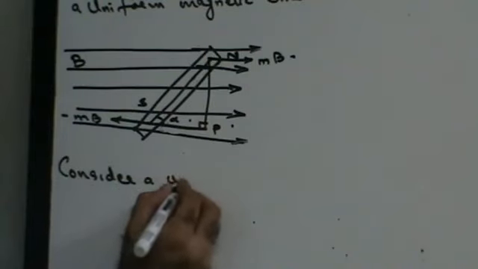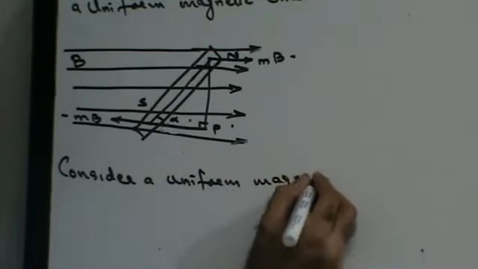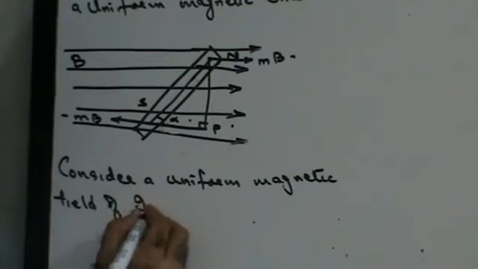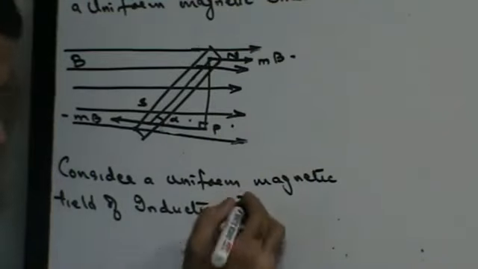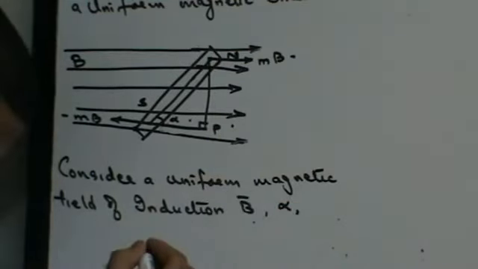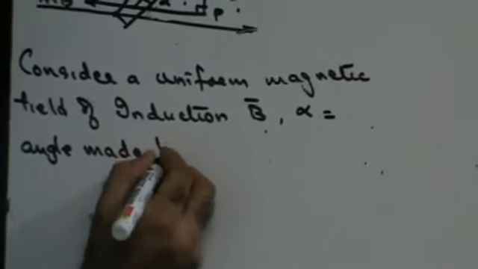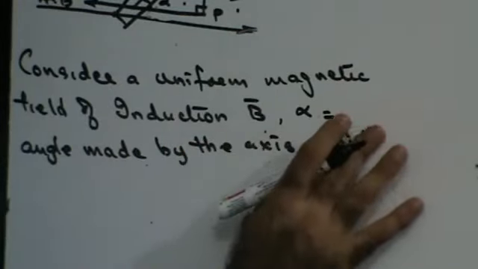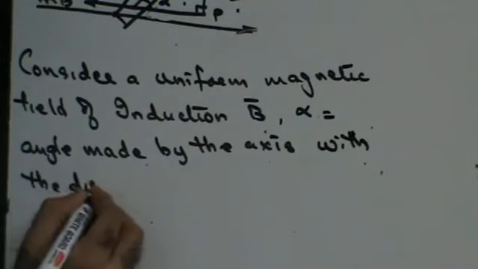So let's write this much down first. Consider a uniform magnetic field of induction B. Let us assume that alpha is the angle made by the axis with the direction of the magnetic field.